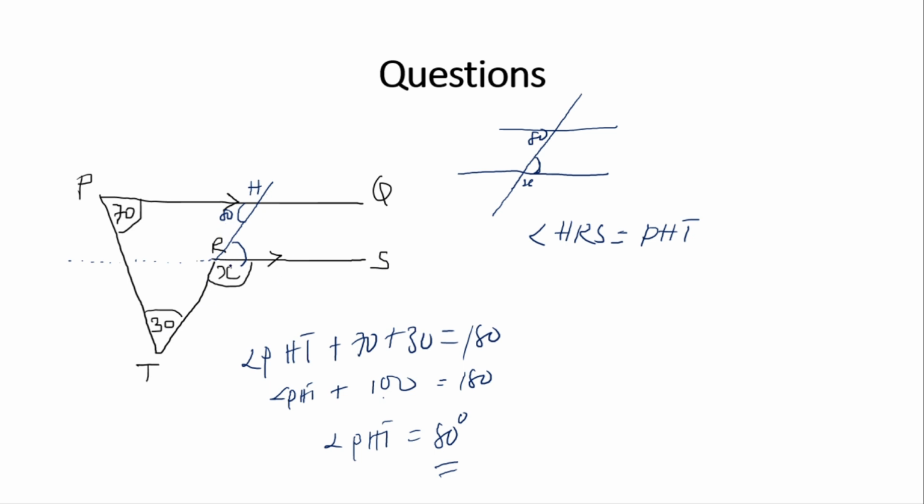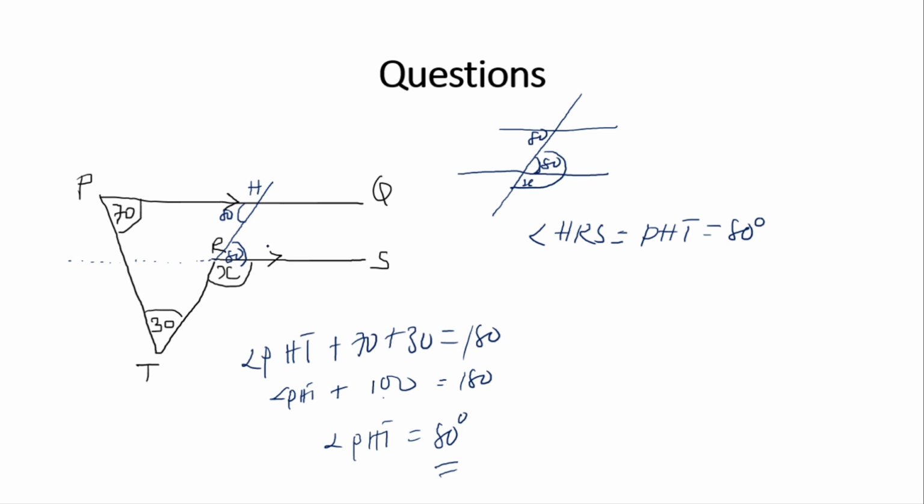So this is 80. Now we are having 80 here, and this is a straight line, and so angles formed on a straight line sum up to what? 180 degrees. So you need to write 80 degrees so that the examiner will know that that angle is specifically 80.